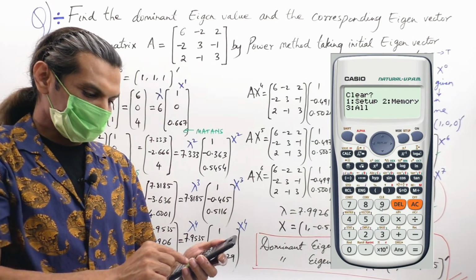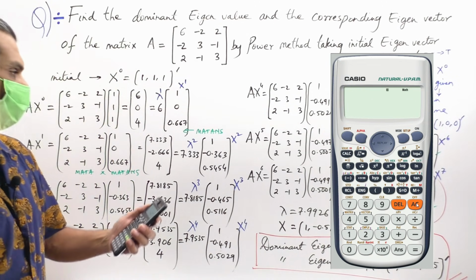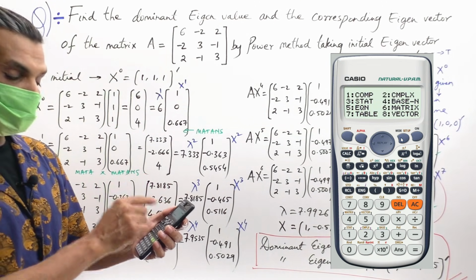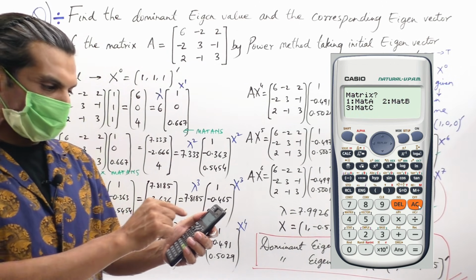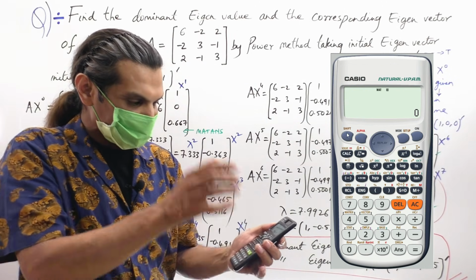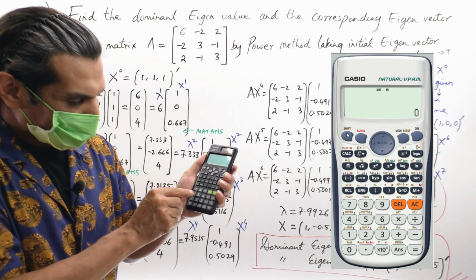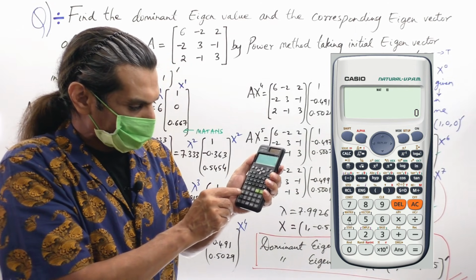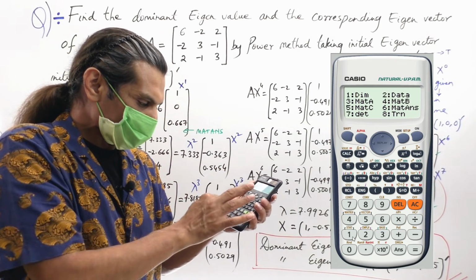So we go to shift clear 3, all, equals. Now the matrix mode: go to 6 matrix. Don't enter any 1, 2, 3 here, just press AC. Above the keypad number 4, there is matrix written, so to enter that, you go to shift matrix.